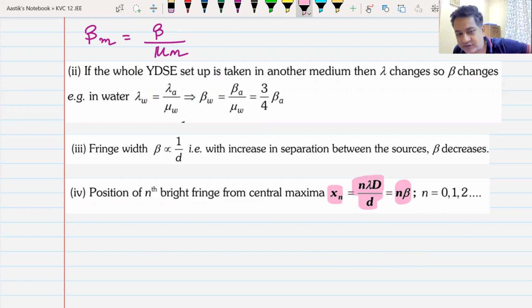The central bright fringe is also going to change, and I'll tell you in the case when it changes. In this case, if lambda is changed, all the fringes shift, but the central bright fringe remains at the center. I hope we understand this.